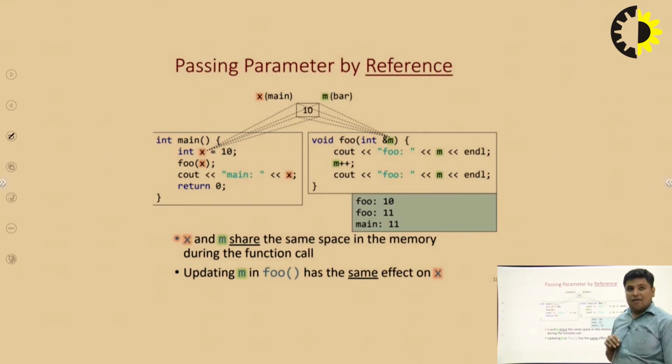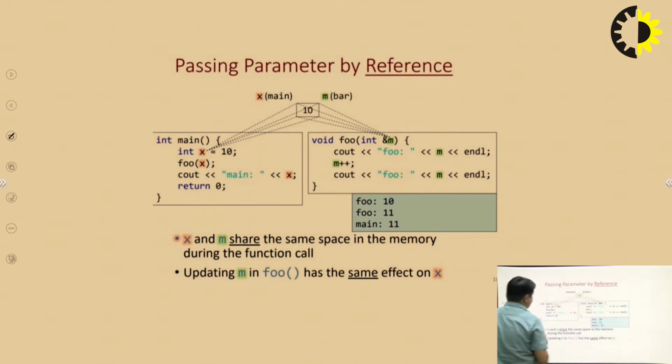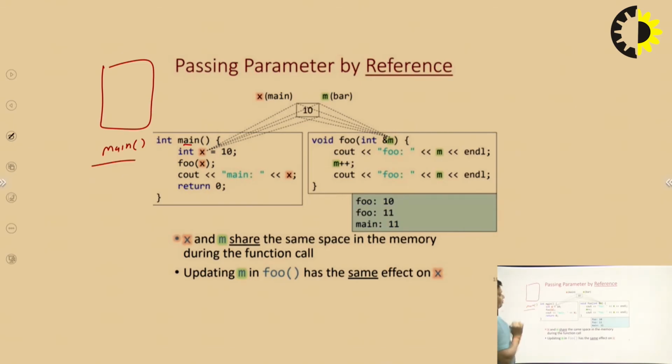I will explain to you. You will see here inside this, the main block will be allocated. Memory for the main function will be allotted. The value of x is 10 and this value of x has some address. Suppose the address is 10211.